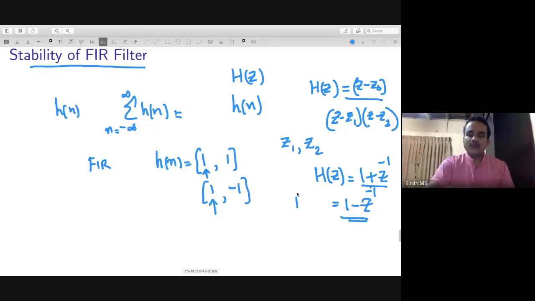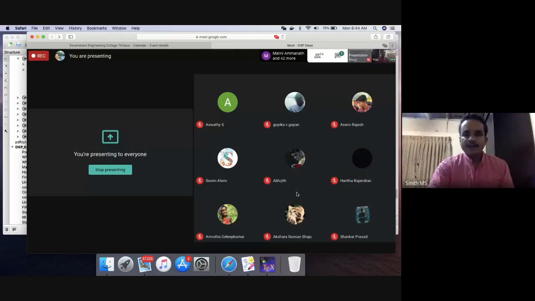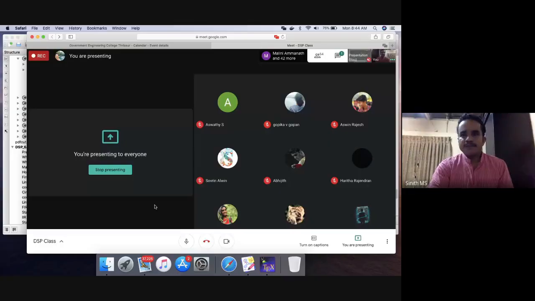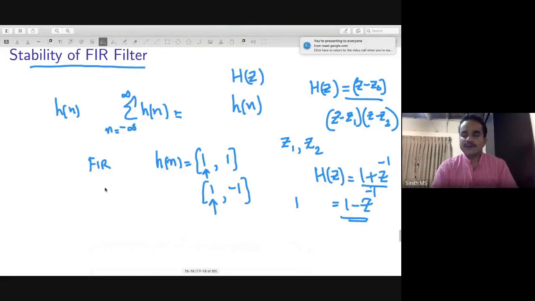What are the poles or zeros they have? Can one of you answer? H(z) equal to 1 plus z inverse or H(z) equal to 1 minus z inverse. Do they have poles or do they have zeros?